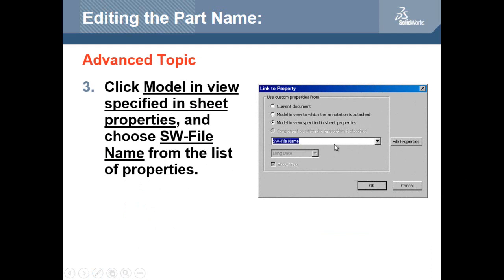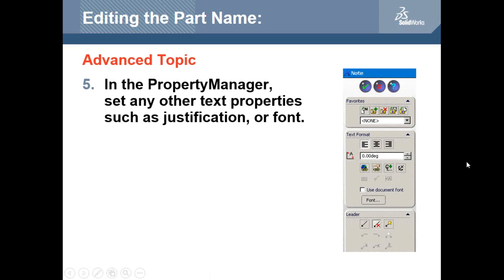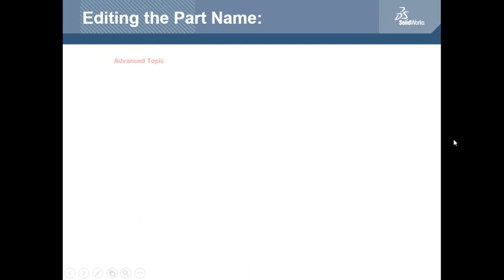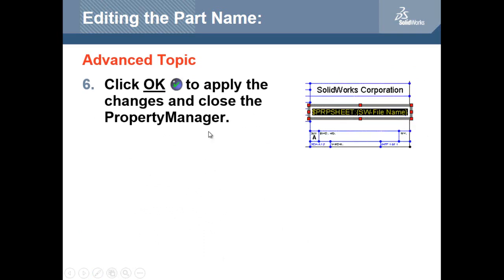So there you go, SW file name. Click OK to add the property. Advanced topic. In the property manager, set any other text properties such as justification or font. Advanced topic. Click OK to apply the changes and close the property manager.